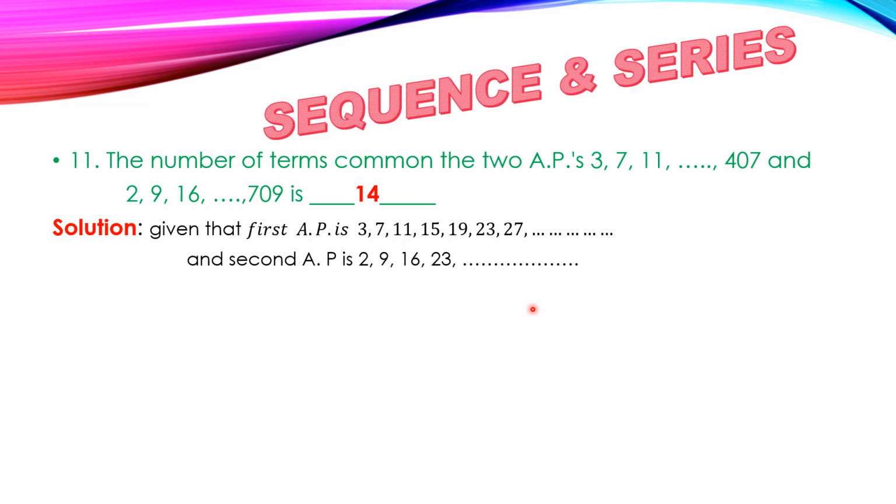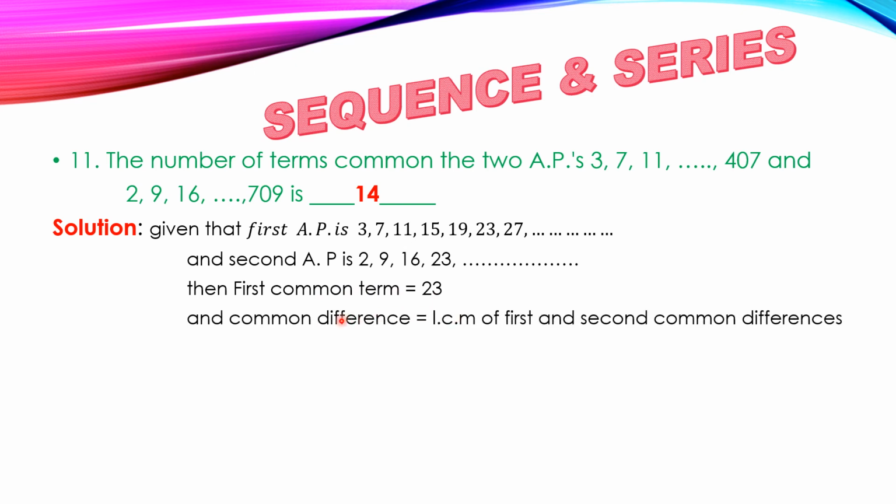So here we observe the first common term in both arithmetic progressions is 23. So first we write the first common term is 23. And similarly, the common difference is the LCM of the first and second common differences of the APs. In the first AP, the common difference is 4.